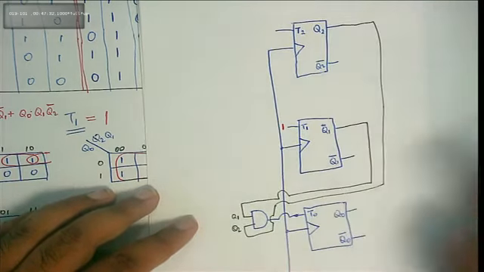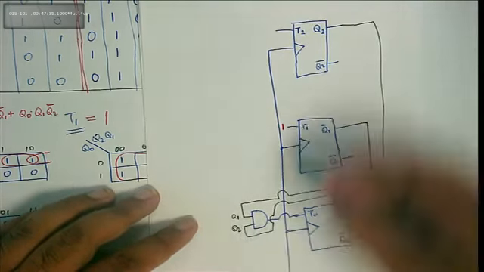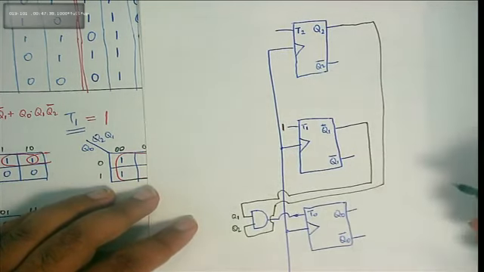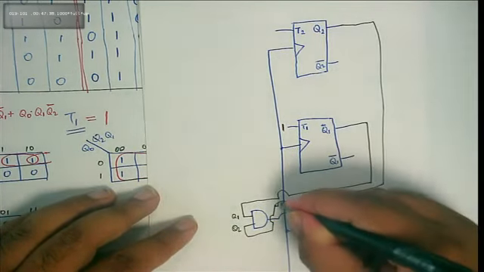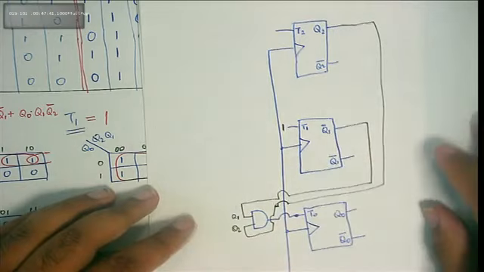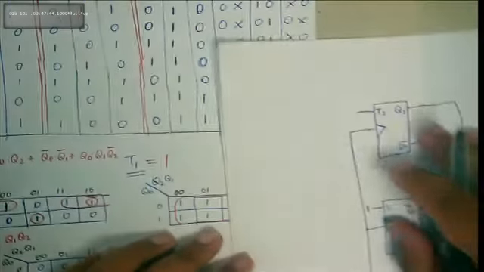So we've sorted out 2 of them. That's our 1 over here. Did you see I did a jump over here? Now let's do the T2 one.